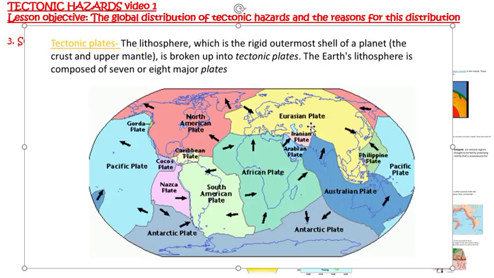The rigid outermost shell of a planet, which is the Earth's crust. And the Earth's crust is not one single piece. The Earth's crust, or the lithosphere, is broken up into 7 or 8 major plates. Now, it is worth getting familiar with the names of these plates, like now. When we get to case studies and we're talking in detail about what's happening at different plate boundaries, I am expecting you to be familiar with the South American plate converging against the Nazca plate, for instance.